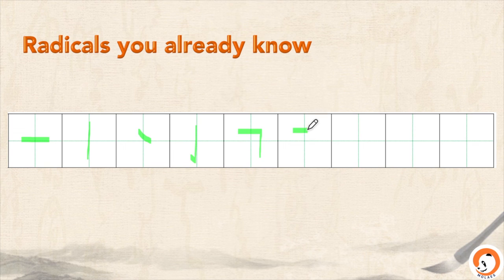And then we also learned two together with a hook, and this one, a bend, and we also learned this one and that one. So all of these we call strokes, and each counts as one.